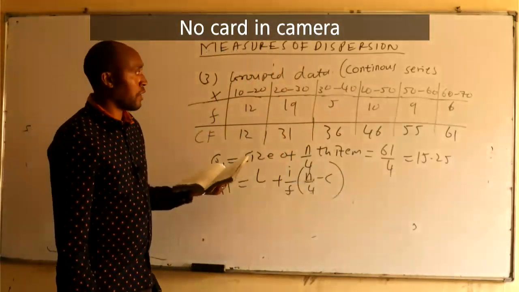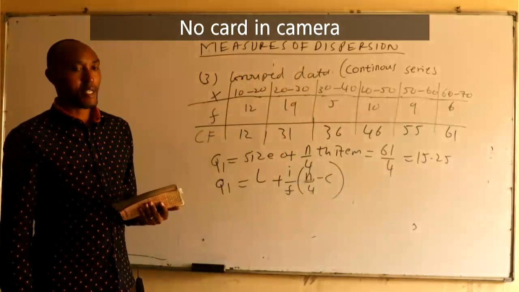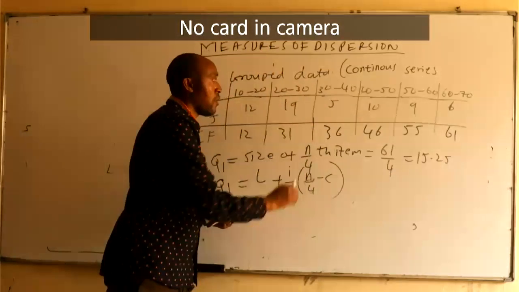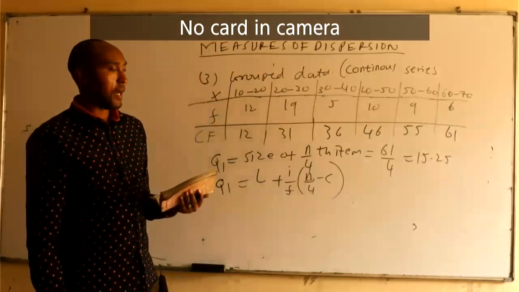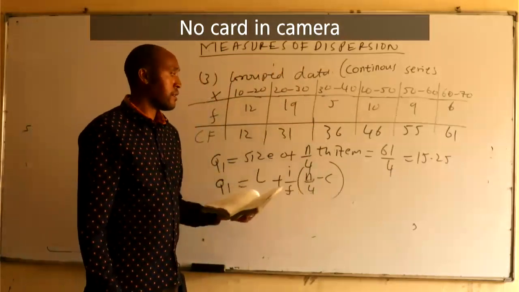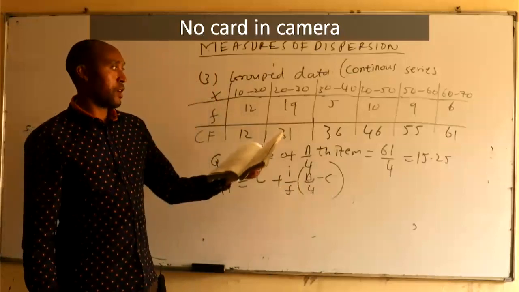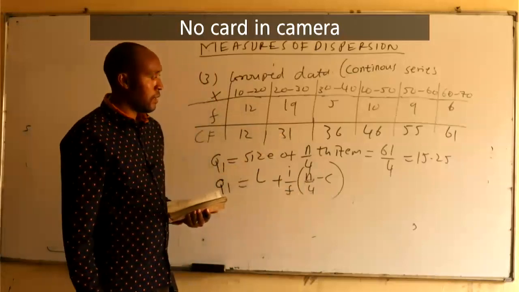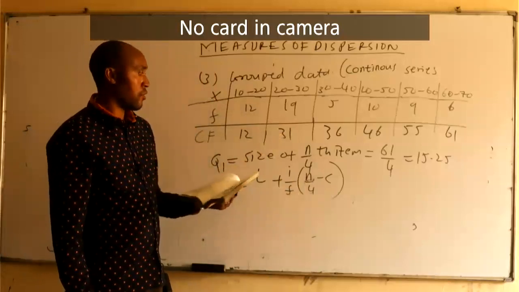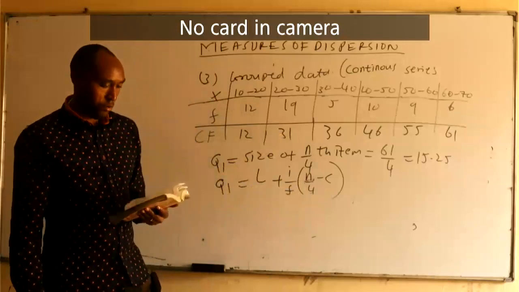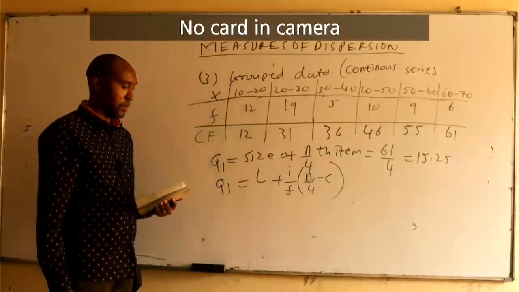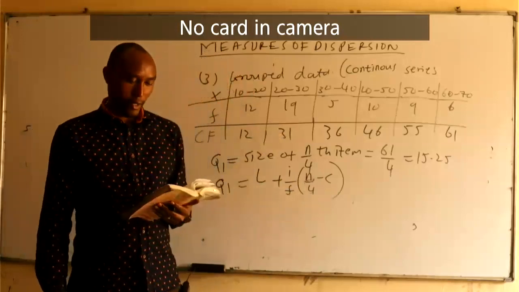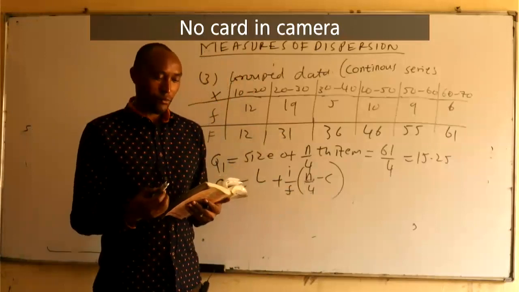Then n is the nth item, which we have already found, 15.25. Then c is the cumulative frequency.